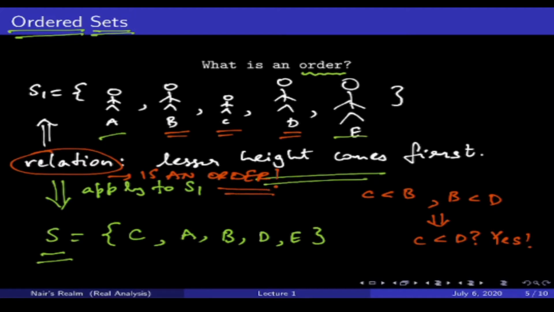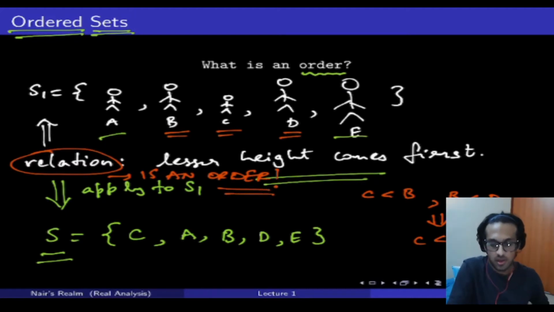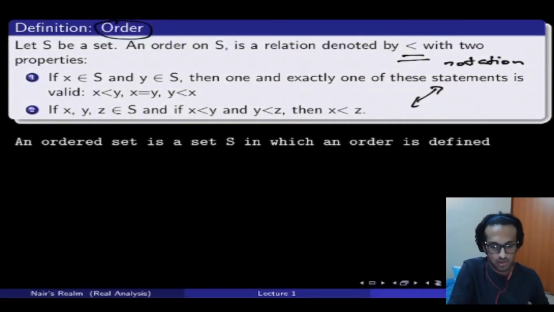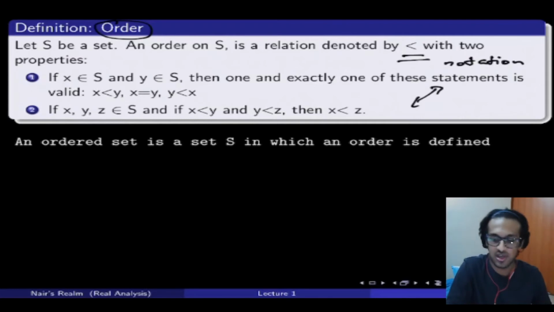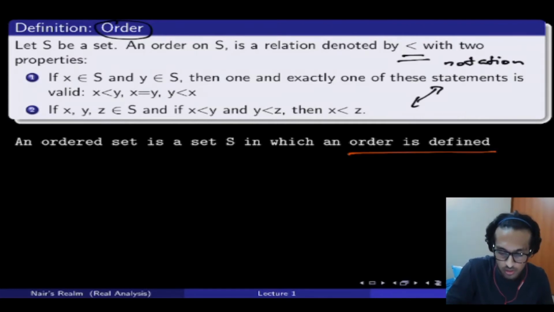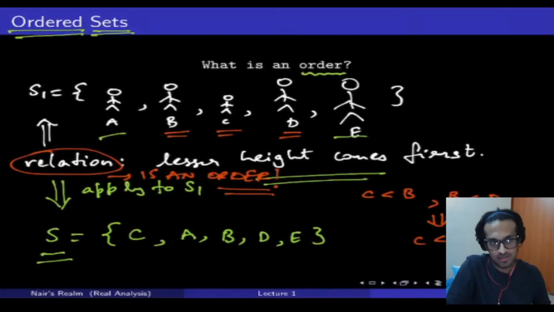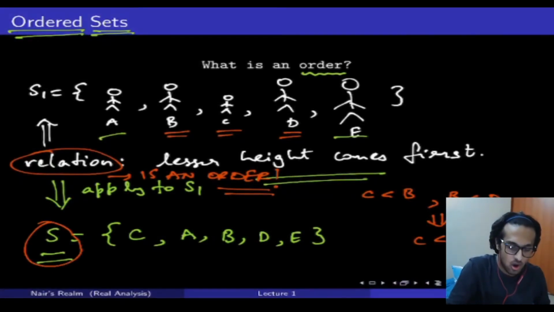Cool. So now another important thing for us to understand is what is an ordered set. Very simply put, an ordered set is nothing but a set S in which an order is defined. If we go back again to our example, this set S has a relation defined on it, and now we concluded that that relation is in fact nothing but an order.